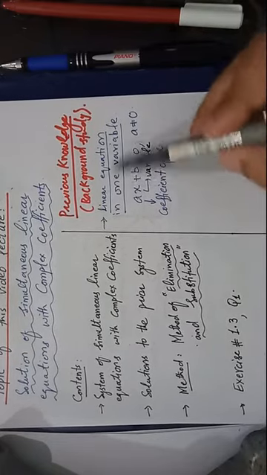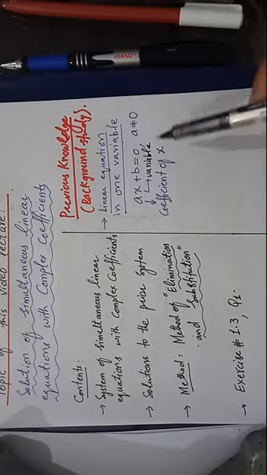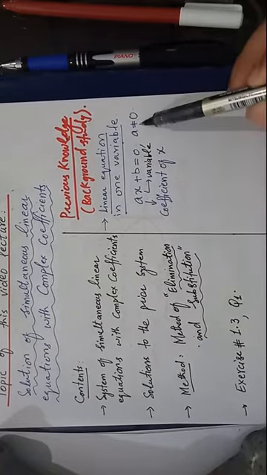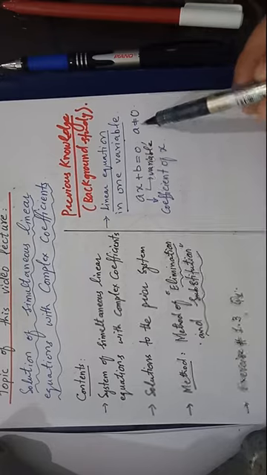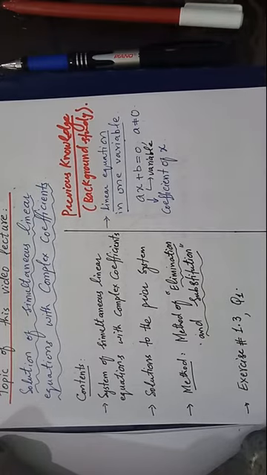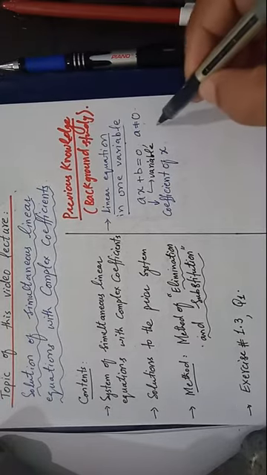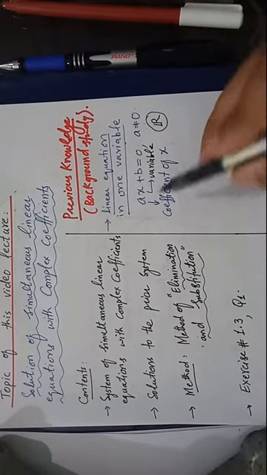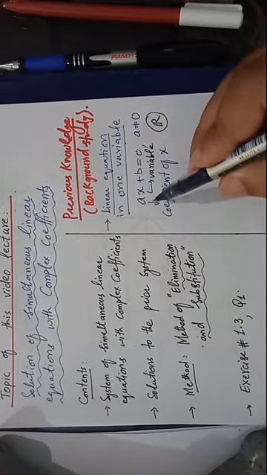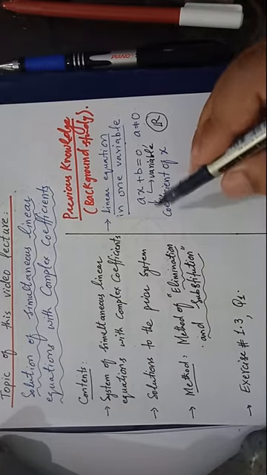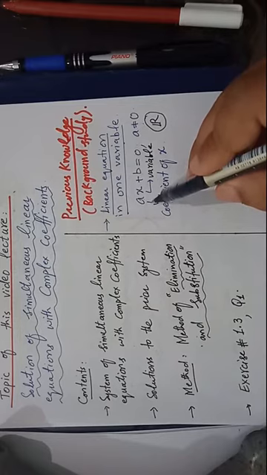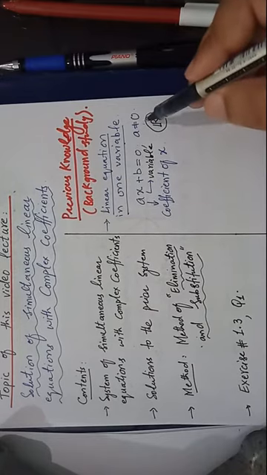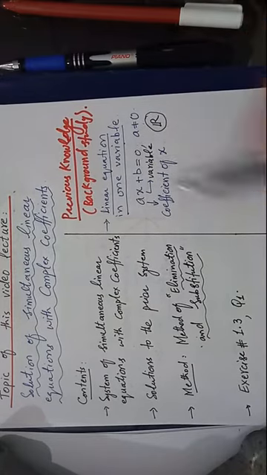If this is a linear equation in one variable, it is necessary that a must not be equal to 0, because these constants are from the set of real numbers. If they are from the set of real numbers, there is a possibility that a may be 0, because 0 is also a real number. So that's why we impose an extra condition that a is not equal to 0. So it is a linear equation in one variable.